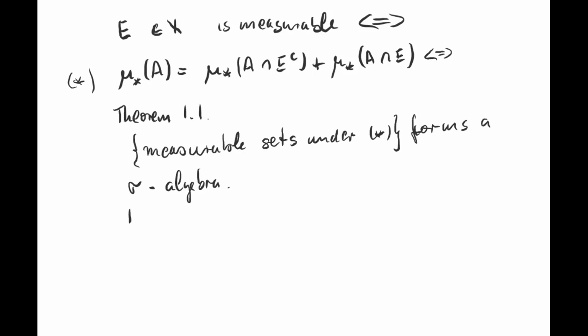Professor, I have a question actually. On page 266, the first inequality in the second formula: mu star of A is equal to that, and then less than or equal to the summation of mu star EJ.